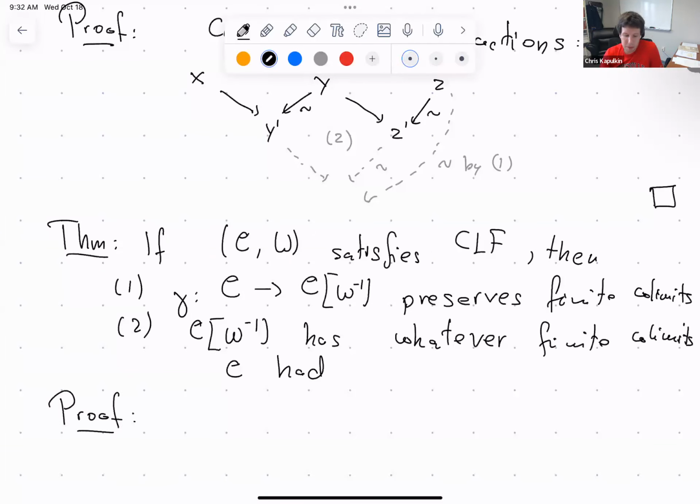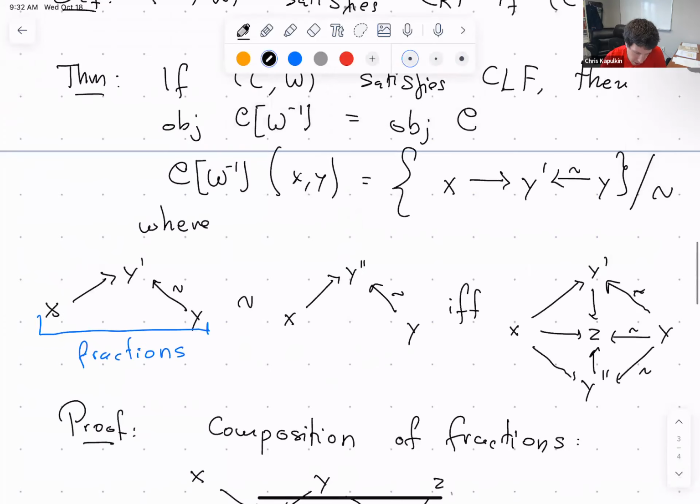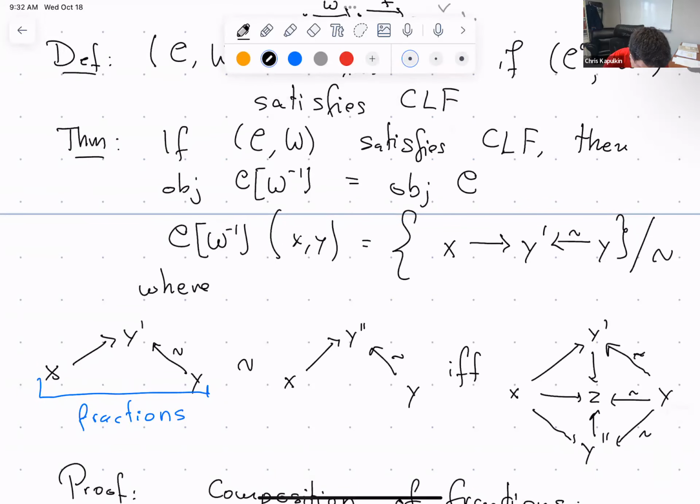The proof, if you unwind the definition of those mapping spaces here, those used to be able to do highlighting back in the day. Okay, maybe.